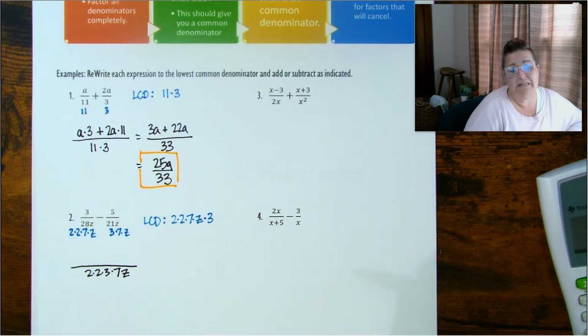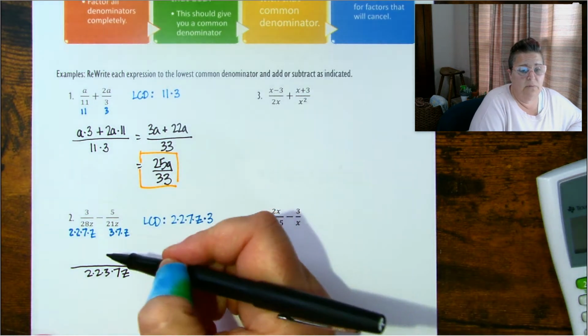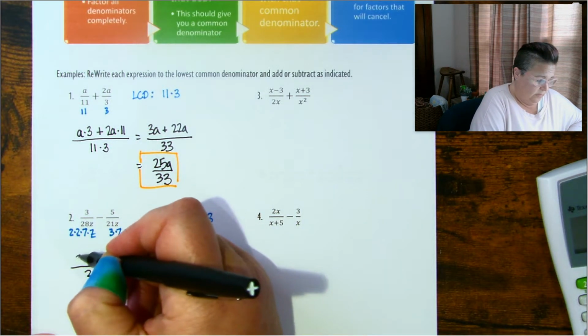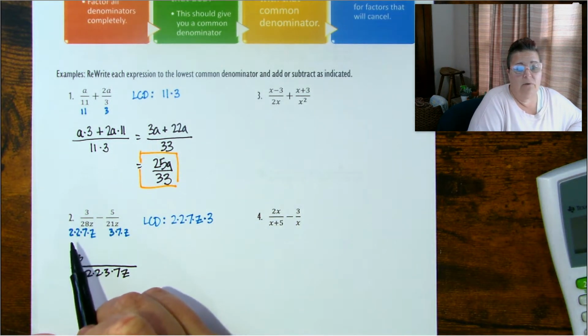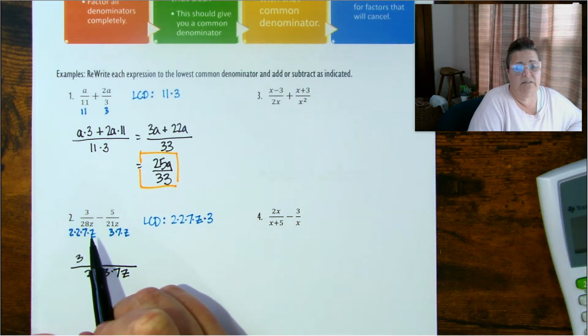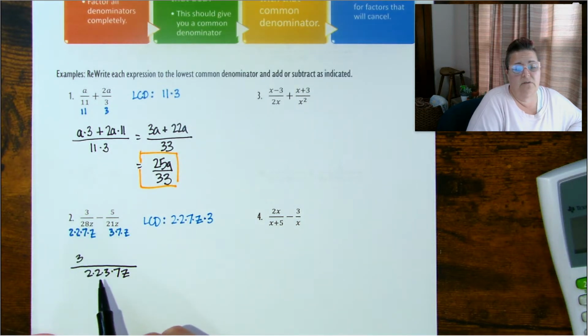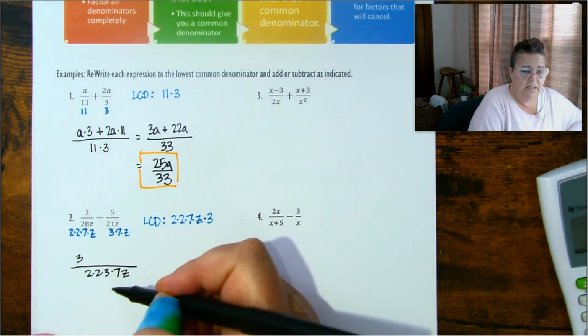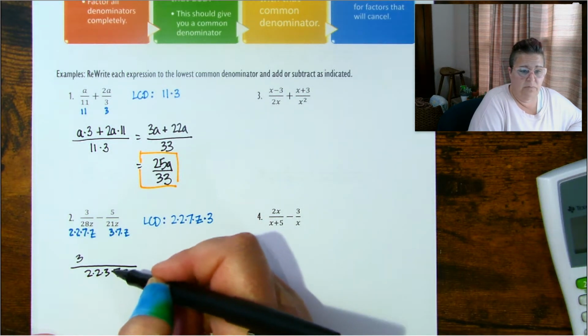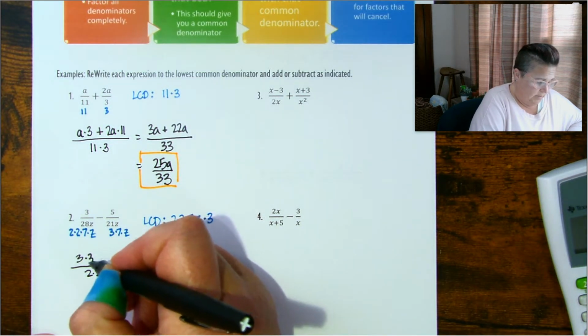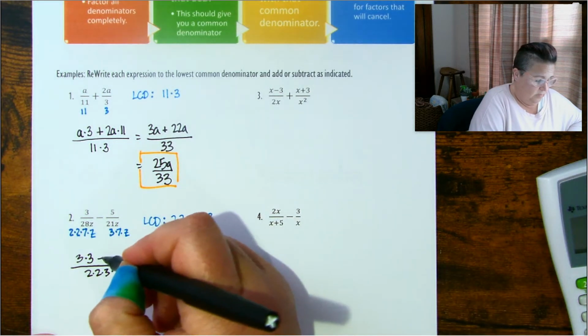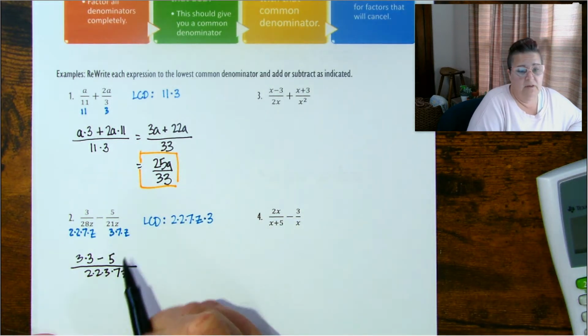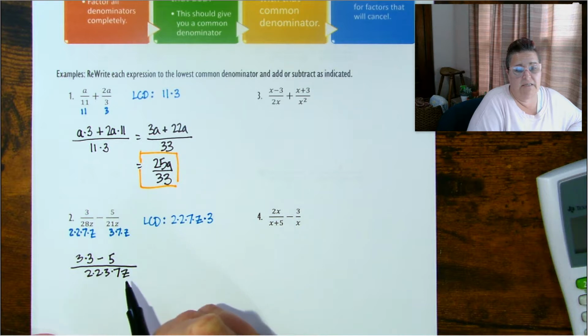It just helps me to have that visual so that when I look at my first numerator of 3, and I see that I've already used the 2, the 2, the 7, and the z, I now know that to match the multiplied by 3, I'm going to need to multiply by 3 here. Similarly, when I use the 5, I did the 3, the 7, and the z.